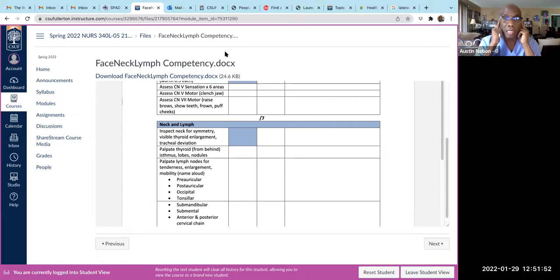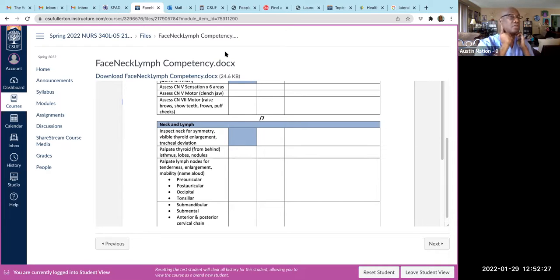Preauricular, postauricular, occipital, tonsillar, submandibular, good, submental, nice, anterior cervical chains, up and down.